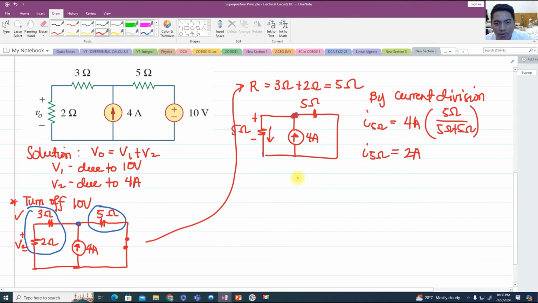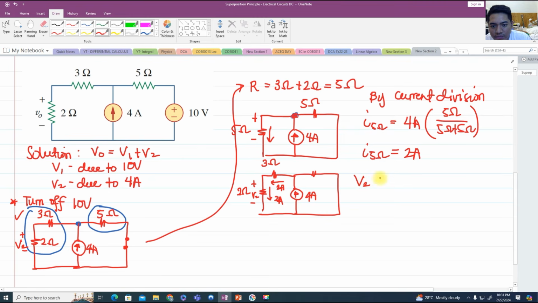Such that if we go back, let's say this is now the 3 ohms and this is now the 2 ohms, the current that flows through these resistors is the same current that we have got because this is in series. So 2 amperes here for 3 ohms, the same 2 amperes here in 2 ohms. And that's what we're going to find, the V2.